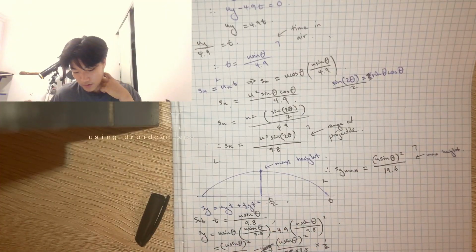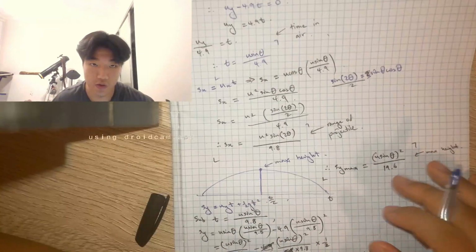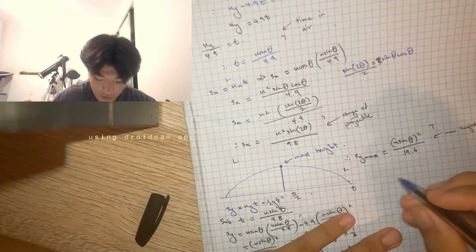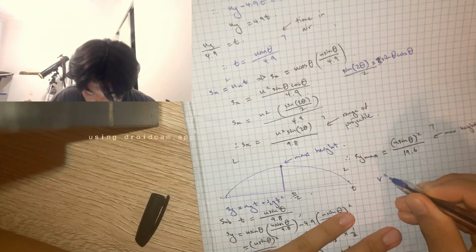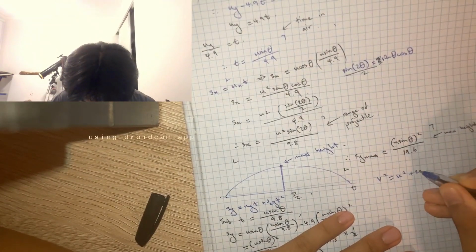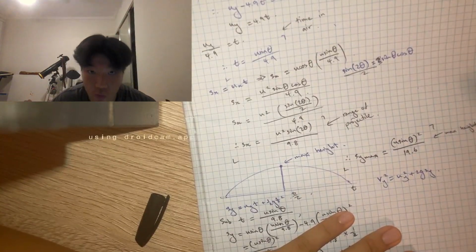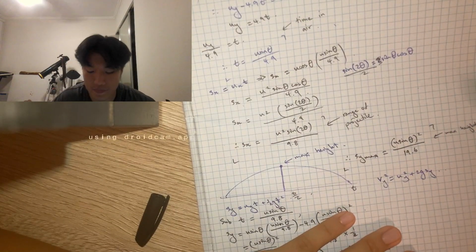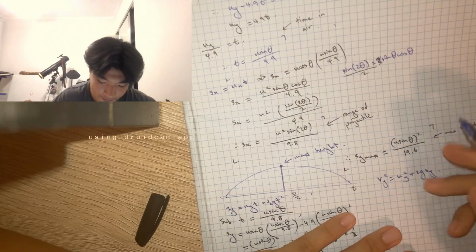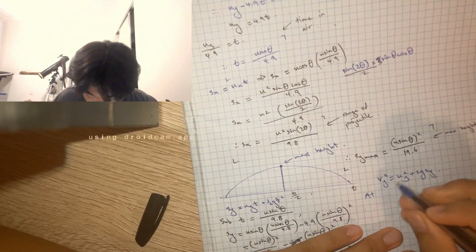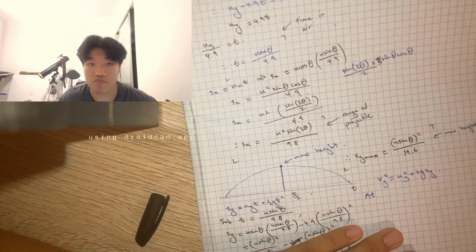Okay. Let's see if this concurs with another variation. So I think v squared equals u squared plus 2 g s y might also work. Let's see if it works. So this is another variation.